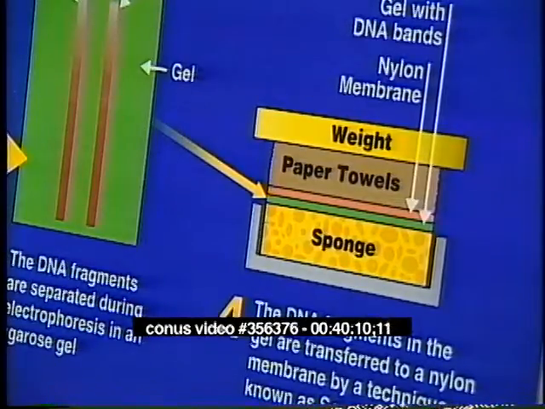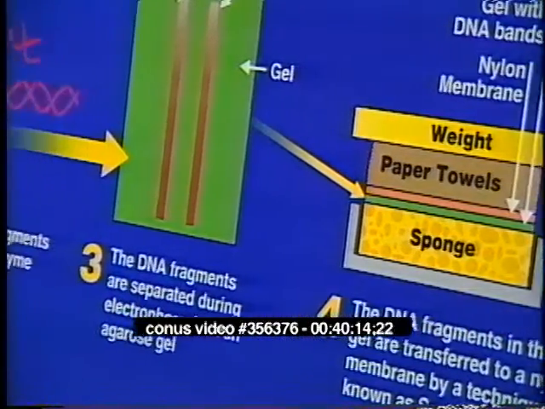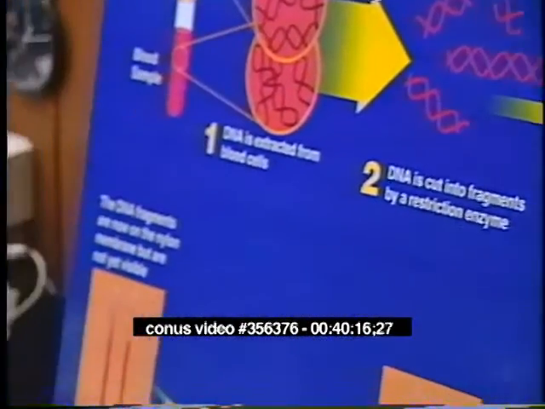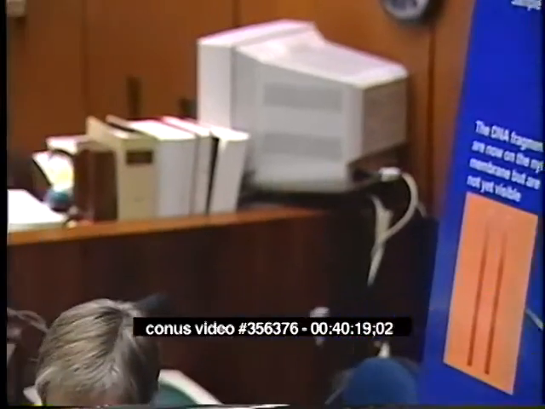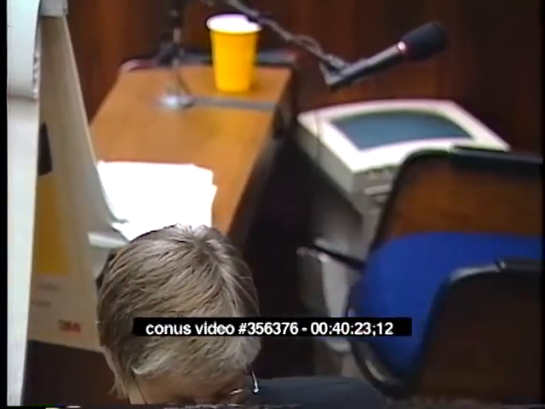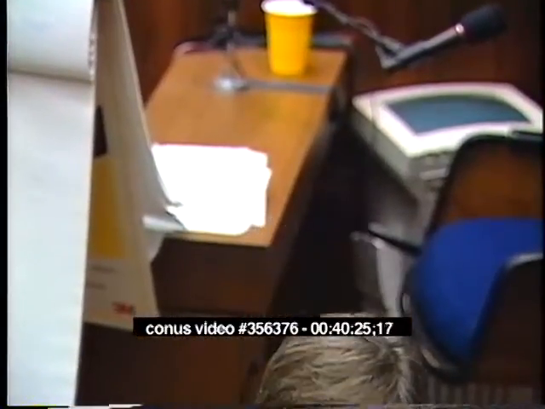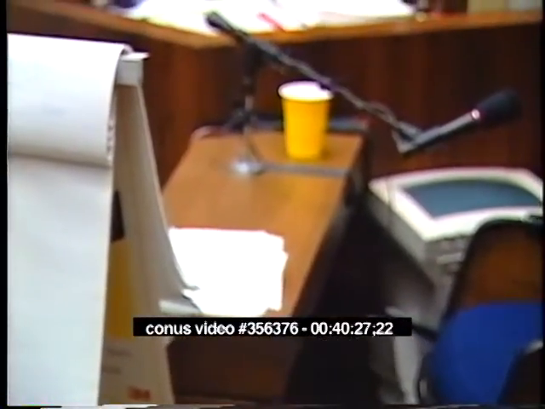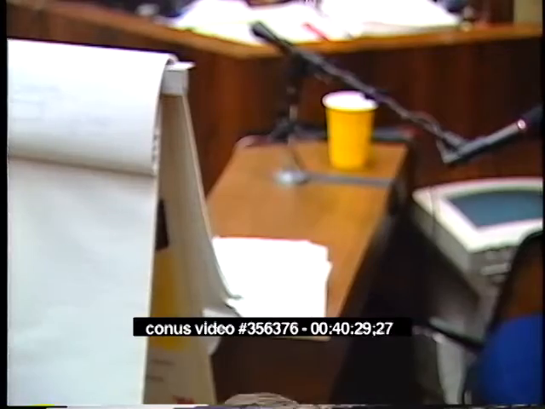And anyway, you have that gel, and if I had a gel here, you would very carefully take this nylon membrane and lay it down. Actually, I'm sorry, Dr. Cotton, perhaps you could demonstrate that on the actual bar in front of the jury so that more can see.